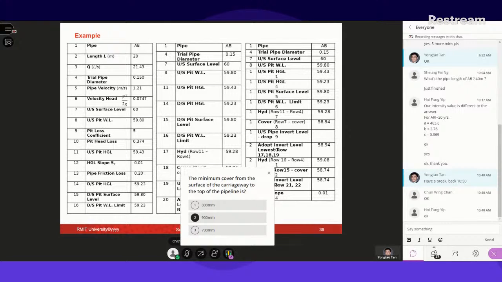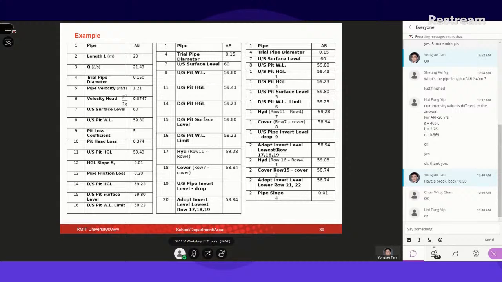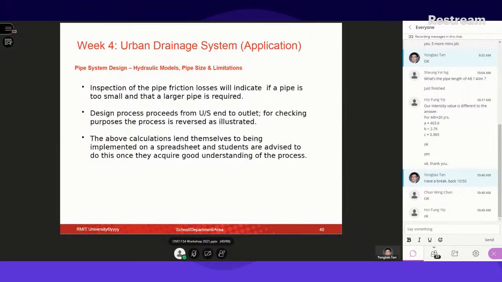The correct answer is 900 millimeters. And for the pipe system design, you can find the calculation details of this example in the e-textbook. If you have any further questions, you can send me an email. I will not go into the details of this example here.